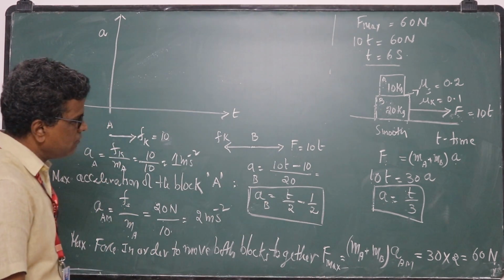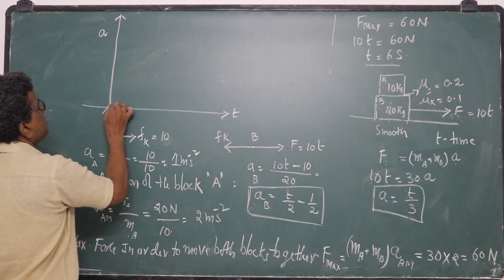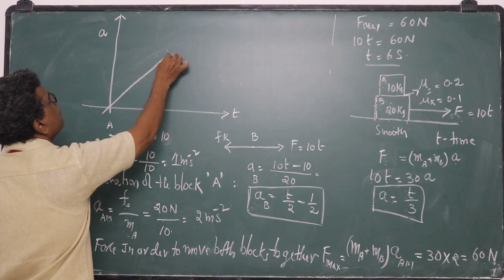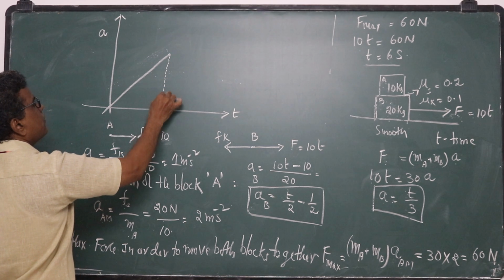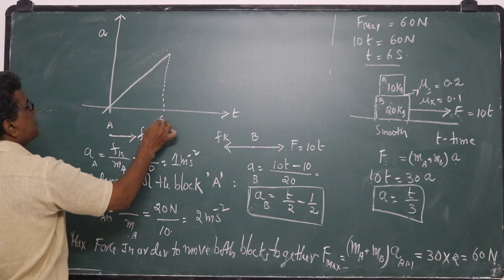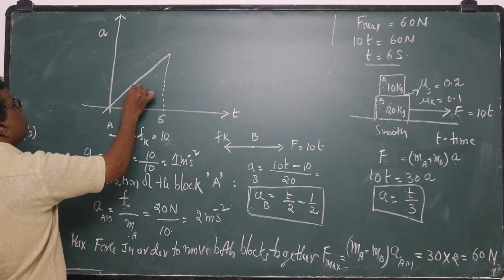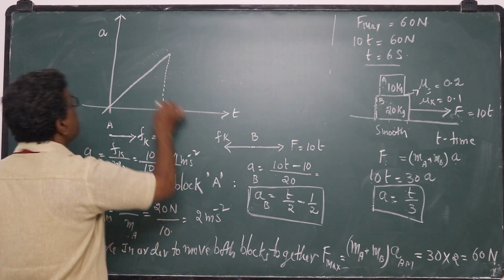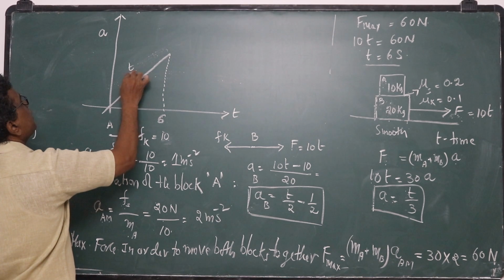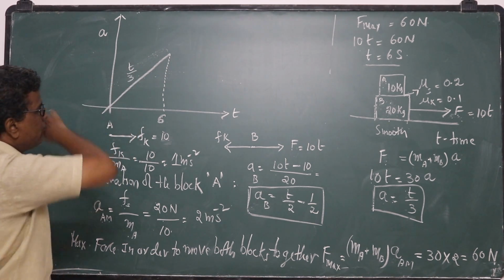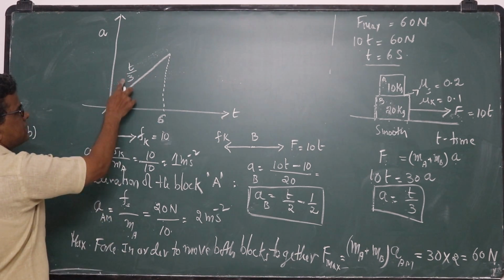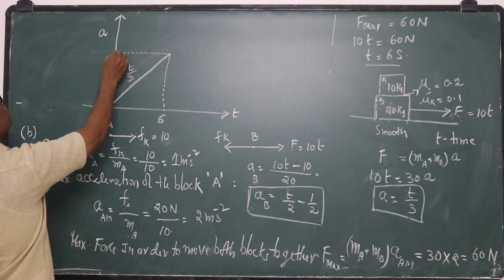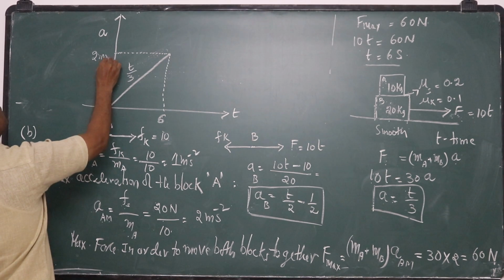So it is a variable, a straight line passing through the origin. When time is 6 seconds, 6 by 3 is 2, so the acceleration becomes 2 meter second inverse.